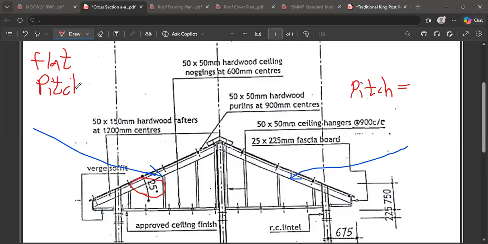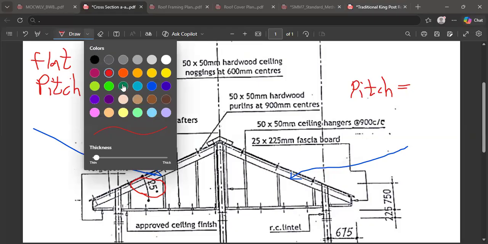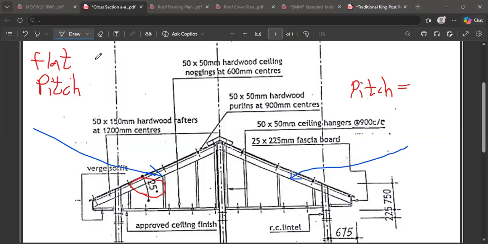Take note that for flat roofs, the angle is normally 0 to 10 degrees. Exactly. But when we talk about the pitch roof, the angle ranges from 10 degrees and more. Exactly.